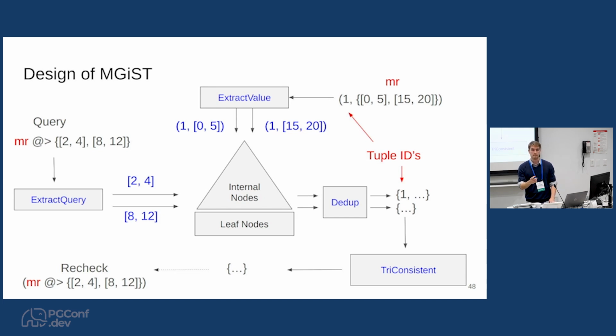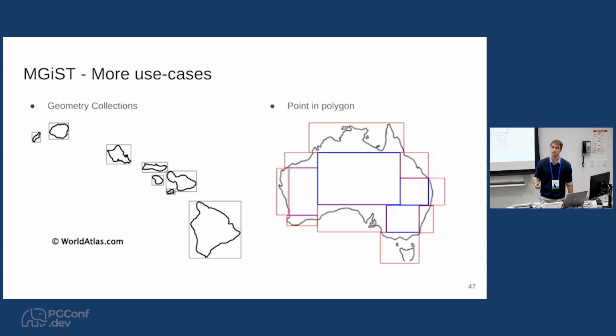So do you have operators in the operator class to do that red versus blue distinction? So this is not implemented. This is, at the moment, just an idea. But as long as you know how to split your polygon into a set of blue and red ones, so you have to be able to implement this extract value method, then this is doable, yeah. But of course, now the question becomes, how do you split your polygons into a set of blue and red ones?